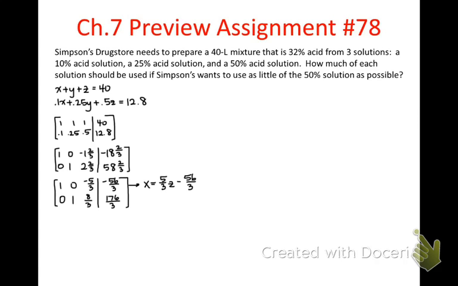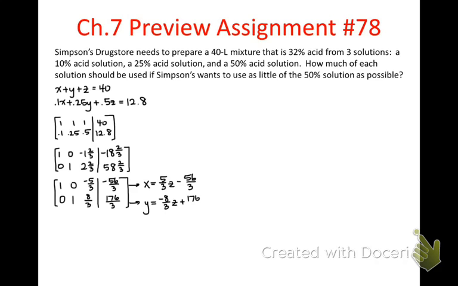Take a second and make sure you follow that with me. So I added, this is a 5/3, this represents negative 5/3 z, right? I'm adding it over, this bar is like an equal sign. So I'm adding it over, and then that minus 56/3. And that's this 1x, right? So what would 1y equal? Negative 8/3 z, right?